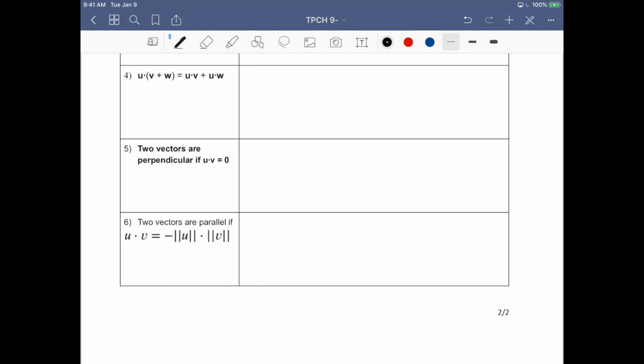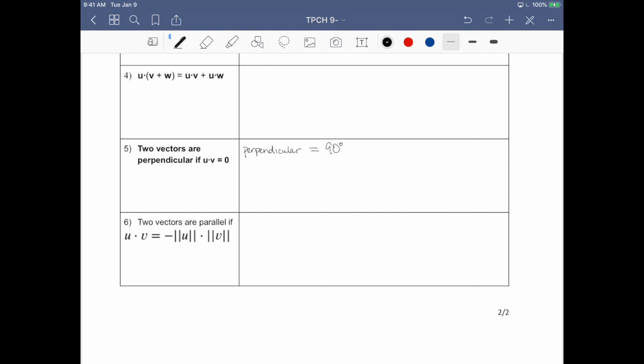Here's number 5. It says two vectors are perpendicular if u dot v equals 0. Well, let's think about what perpendicular means. Perpendicular means 90 degrees, right?